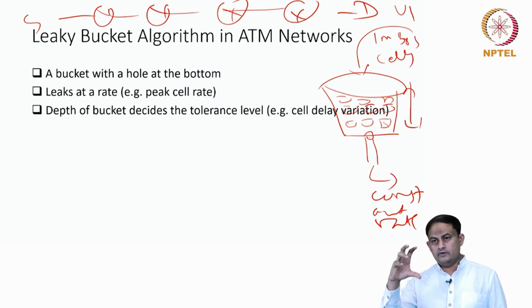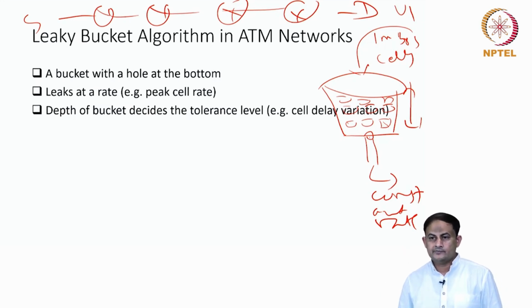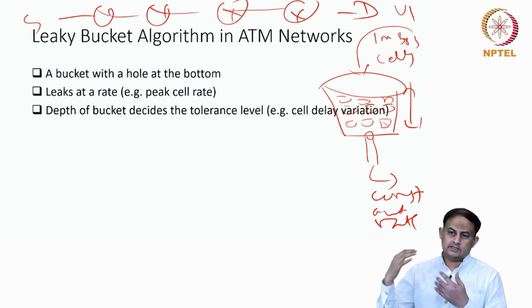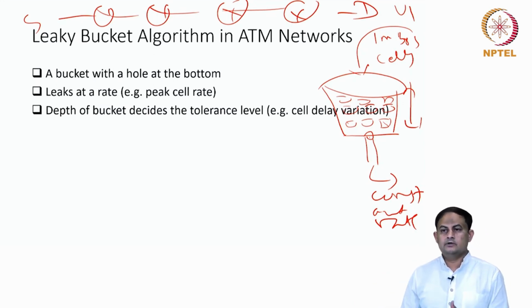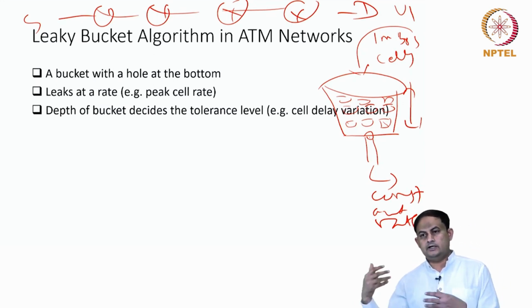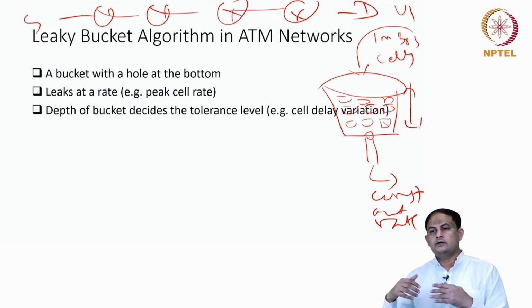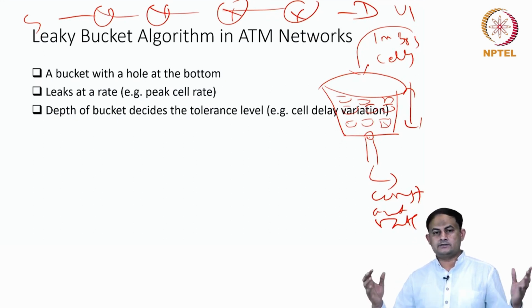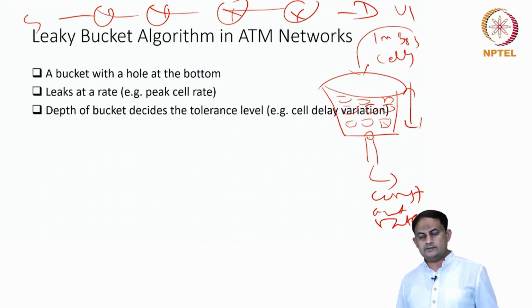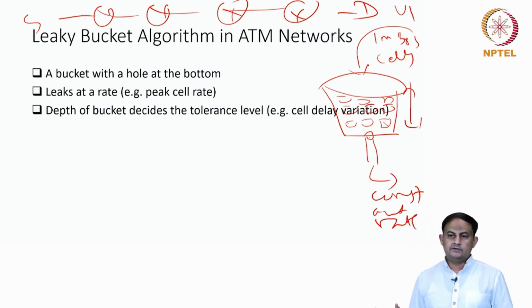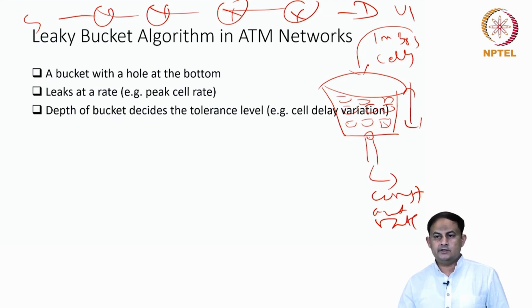Every router's bucket has a capacity, and the larger the capacity, the larger the number of cells that get accumulated inside the router when the transmission rate exceeds the available capacity. So more capacity means more cells accumulating, and more time it takes for them to exit the bucket.